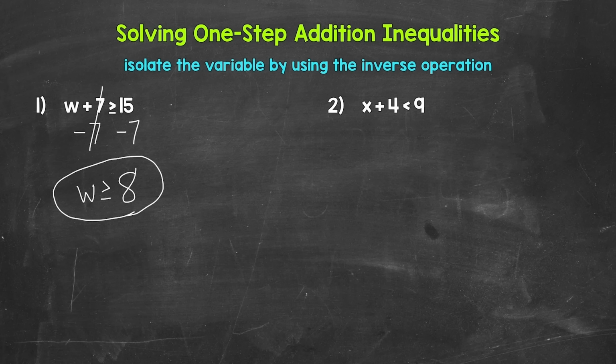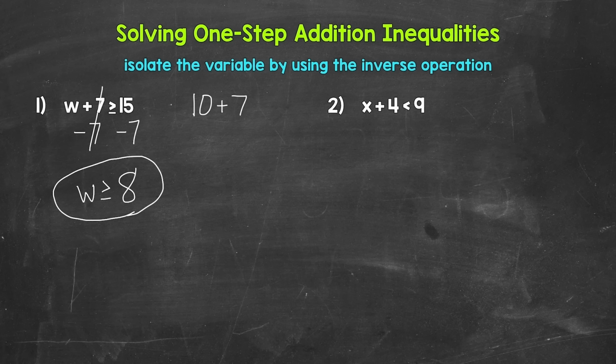Now we can't check every value greater than or equal to 8. That would be impossible. We have an infinite amount of possibilities as far as solutions, values that make this inequality true. So what we can do is check one value, or more if we would like, to see if this works. Let's use 10. 10 is greater than or equal to 8. So let's plug in 10 for w.